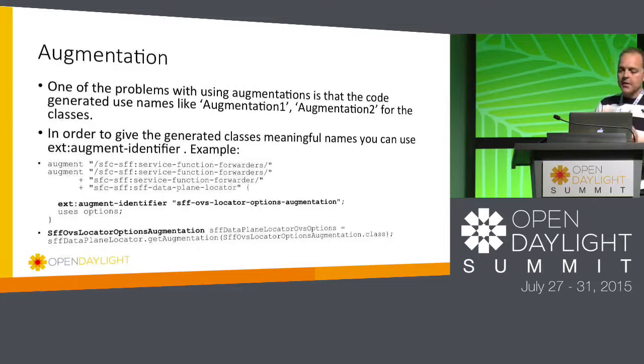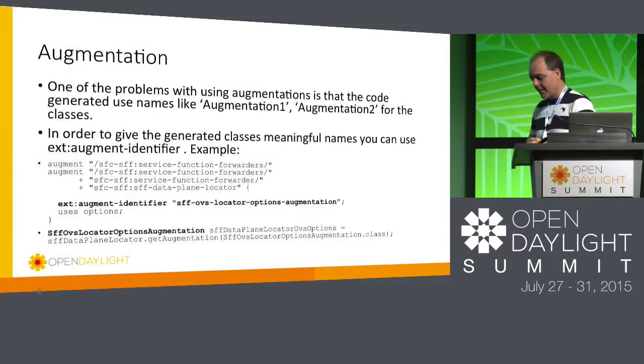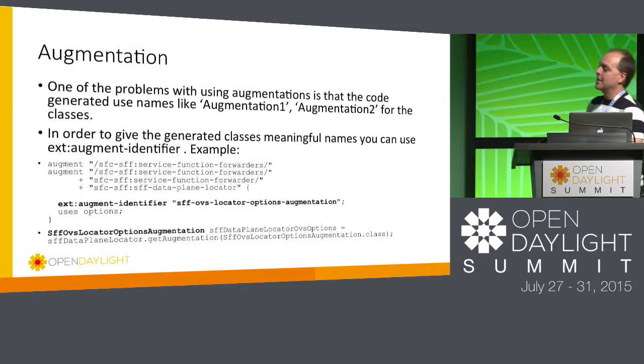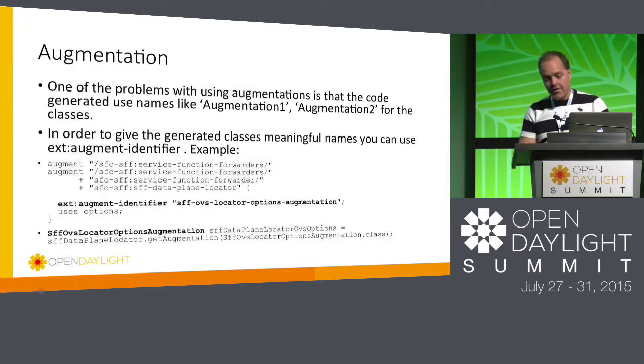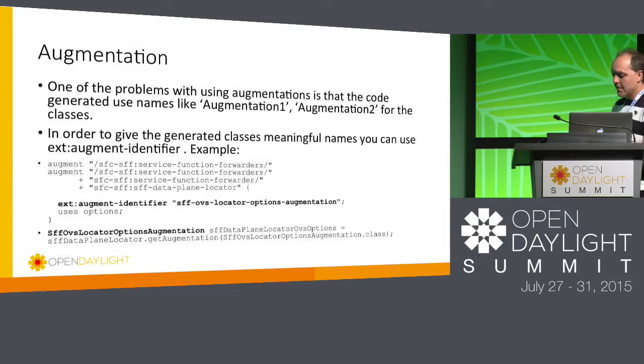So this is something that is like a golden gem. When you use augmentations in OpenDaylight, which are very nice, because when you augment a YANG model in OpenDaylight you also get all the generated code, it's really nice.